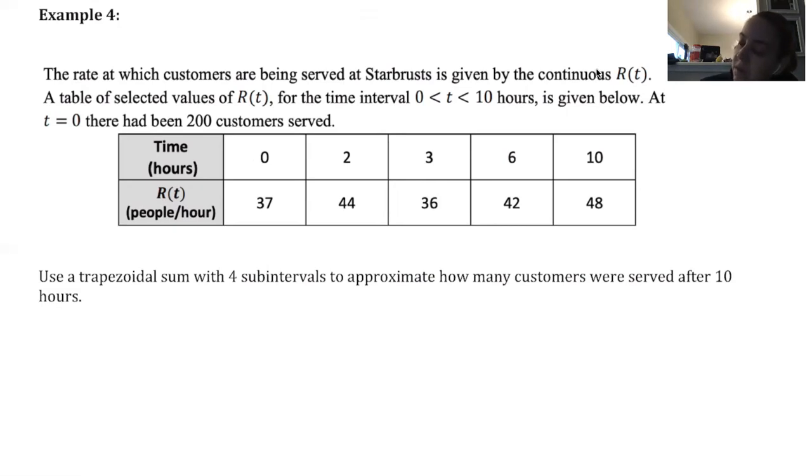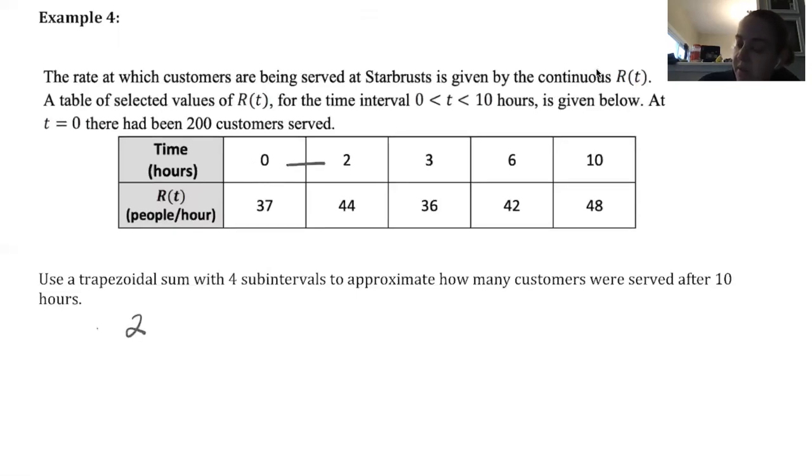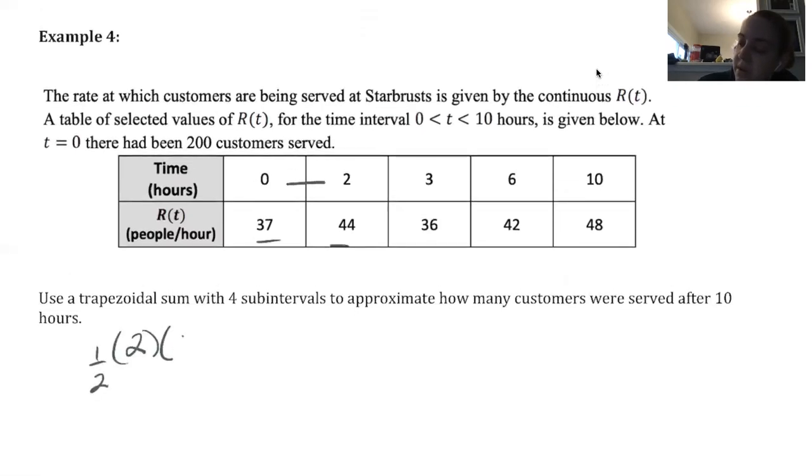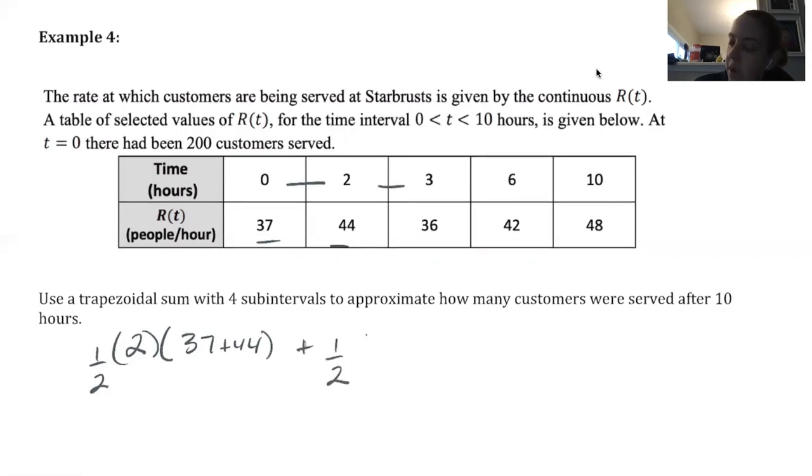So we have the rate. So my first trapezoid is 2 units wide, which remember is my height. So I've got 1/2 times 2, base 1 and base 2, 37 plus 44. And again, these have different widths, so we have to treat them as separate ones. 1/2, my next width is 1.